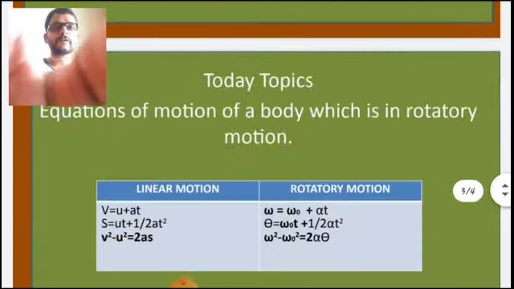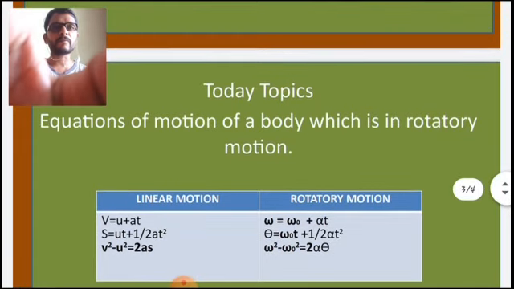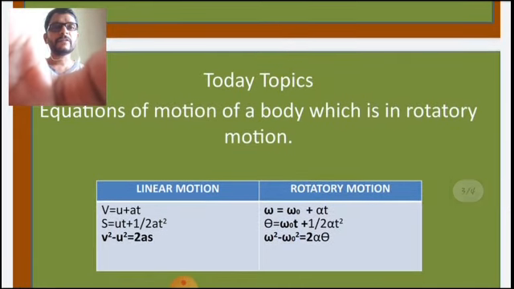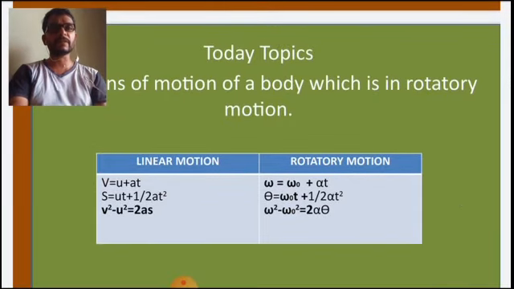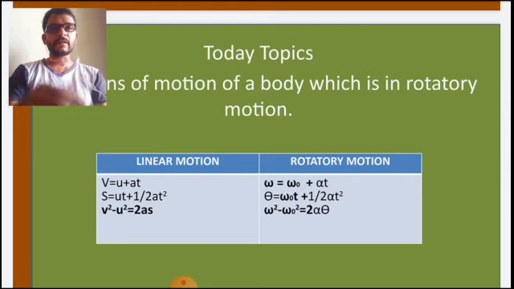Let us see today's topic, equation of motion of a body which is in rotatory motion. If the body is in translatory motion, we already know the equations of motion, covered under the intermediate session. See there, linear motion and their equations. On the left side, I have already given in the table, v is equal to u plus at.